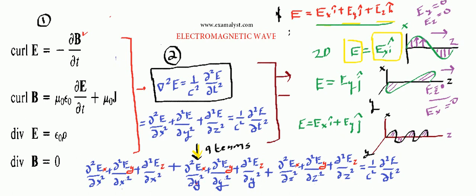How to make this clear? Let me give you one hint. This electric field, which is Ex and Ey, is neither vibrating in the x direction nor in the y direction. It is vibrating somewhere in between x and y. So let us look from this direction.